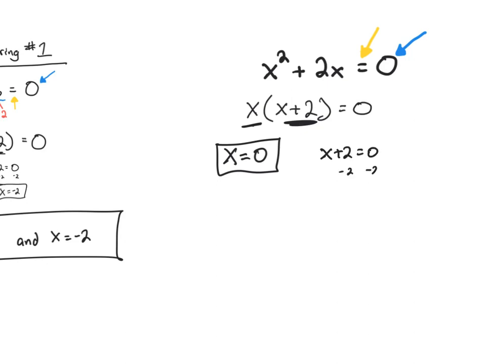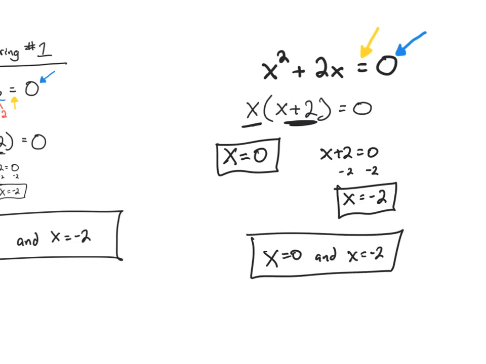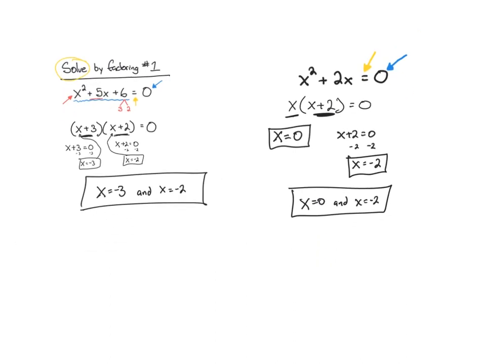We're getting close. Subtract 2 from both sides. x equals negative 2. Good. That's it. These are our two answers: x equals 0 and x equals negative 2. Both of those work. So there we go, guys. Factoring first and using it to solve. This is what we're going to be doing.